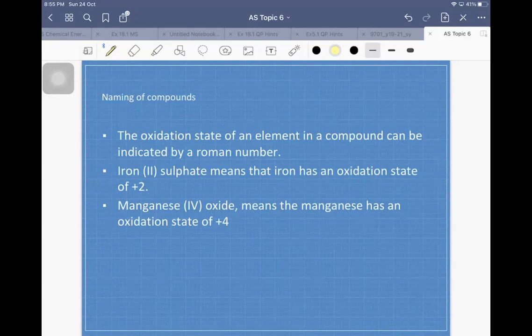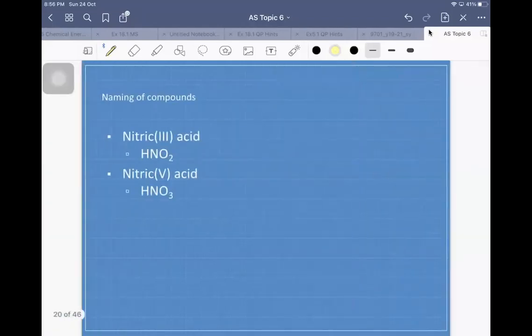IV. Manganese(IV) oxide means the manganese has an oxidation state of +4. Just like your nitric(III) acid and nitric(V) acid just now, the number in Roman numerals indicates the oxidation state of a particular element, not the whole formula, just a particular element. So that's the example that I was talking about just now.